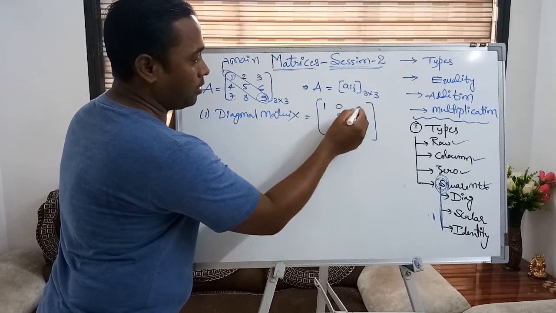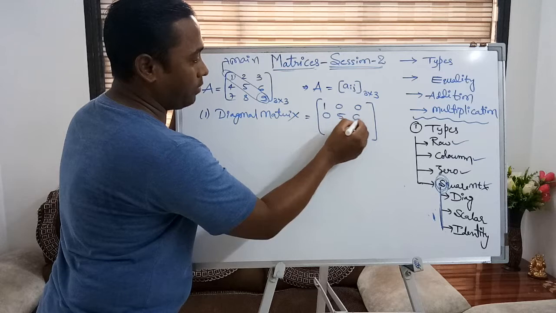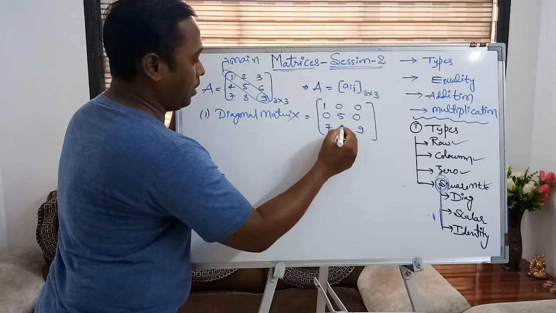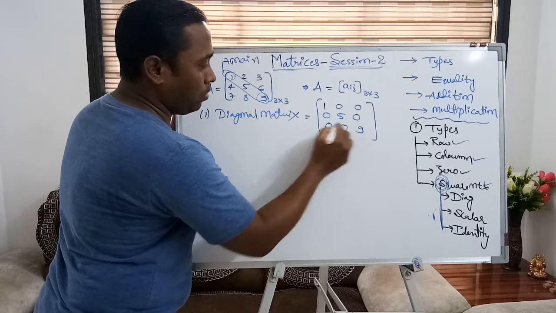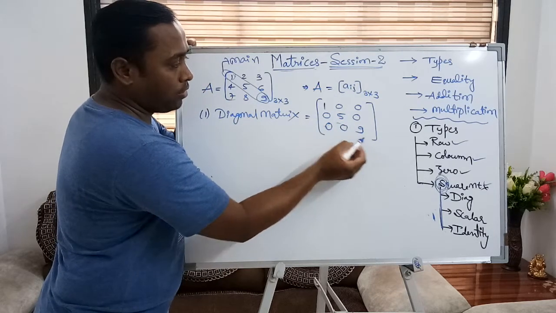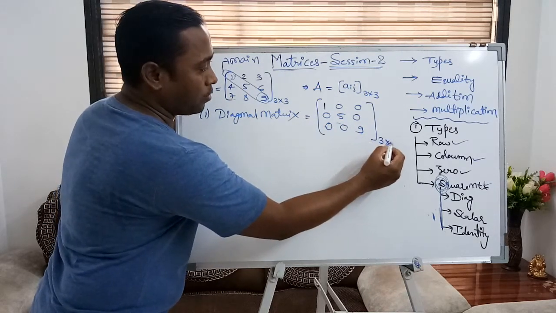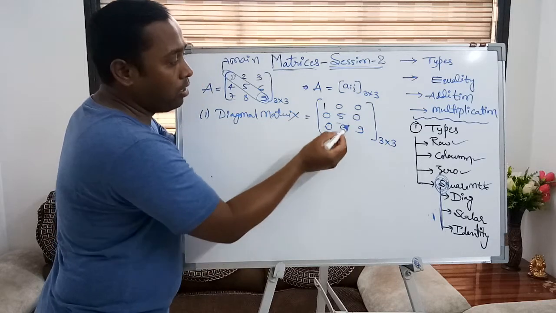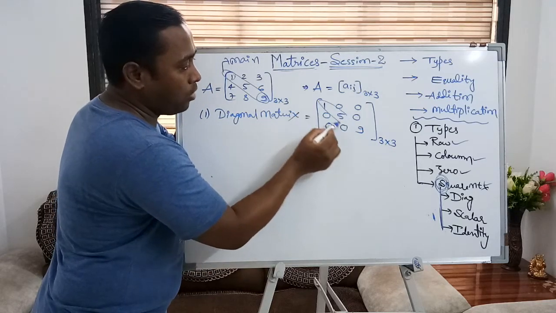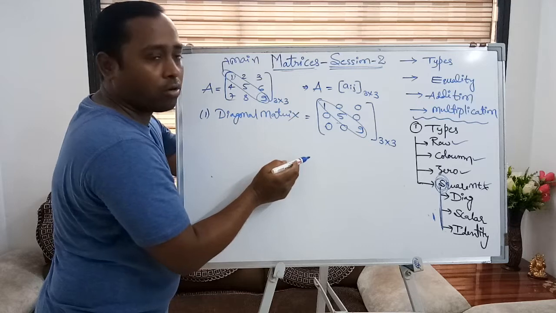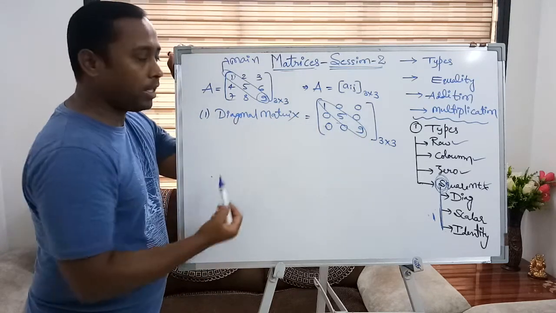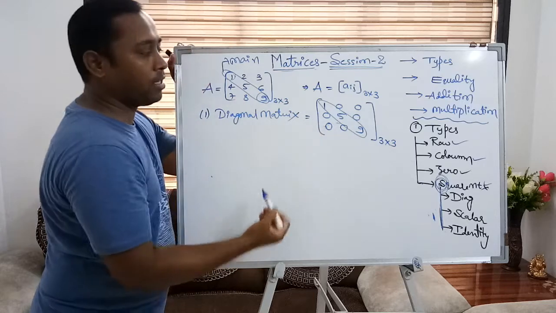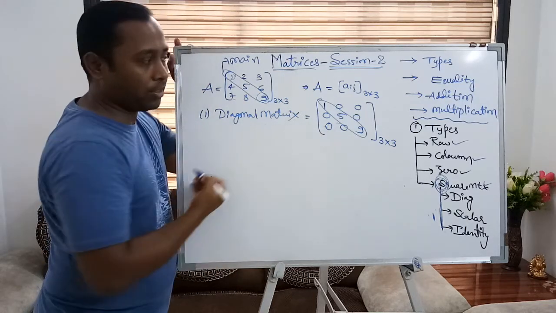It means 1 0 0, 0 5 0, 0 0 9. If you see this matrix, it is a square matrix of order 3 by 3, where all elements except the diagonal elements are zeros. Then this square matrix is known as a diagonal matrix.